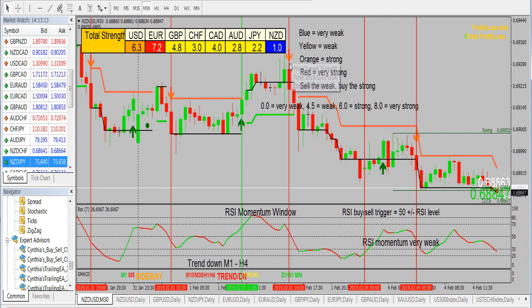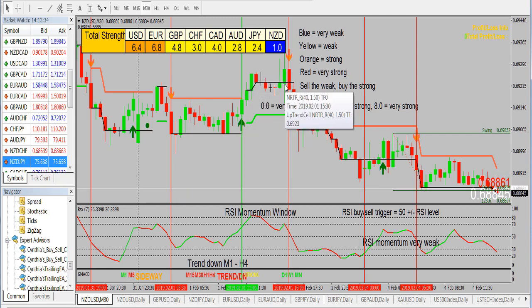Now here's another sell. The price broke through. Actually, this is a very interesting one of the ways you can use a currency strength meter is to trade the fade. And that means up here, this is a resistance channel.